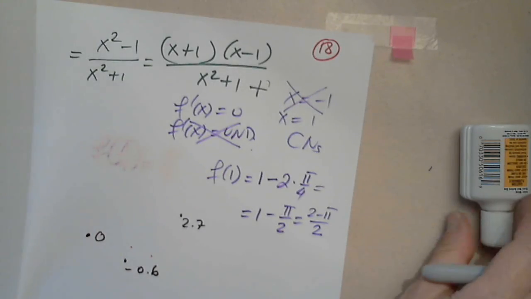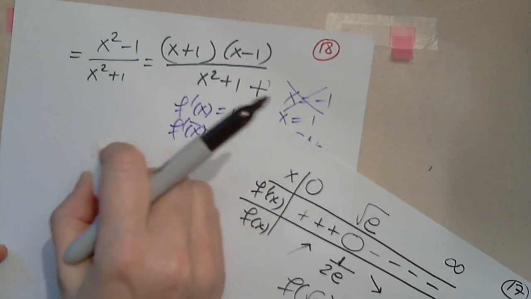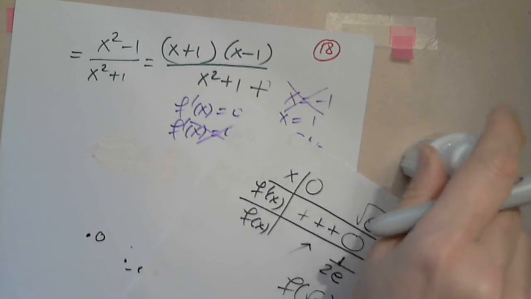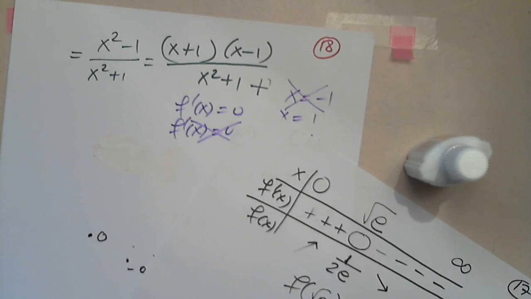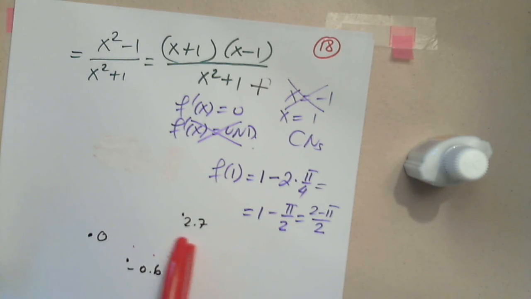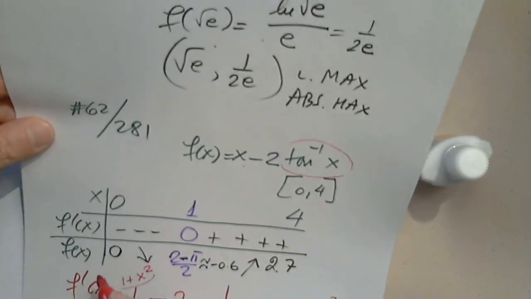What do we conclude about 0, 0? What type of point is 0, 0? It cannot be local because it's at the endpoint of the interval. So 0, 0 is really nothing. It's not an absolute max. It's not an absolute min. Nothing.